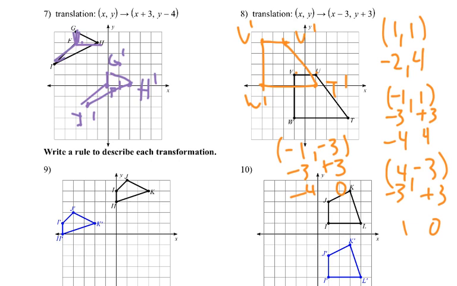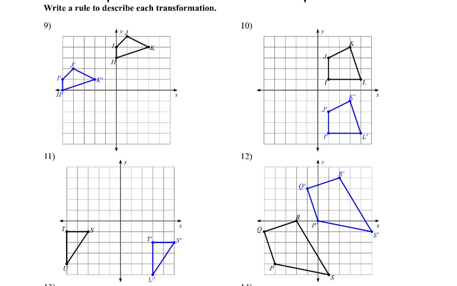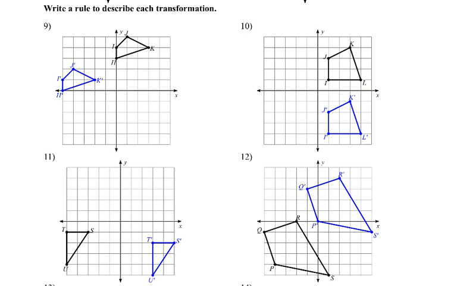Alright, now for the next few, we're actually going to write down what the rule is, how it moved. So you pick one point, because all you have to check is 1. So I go 1, 2, 3, 4. Oh, got to remember, I start with that one, and we're going to that one. So you can get it completely wrong if you don't do it right. So we go down 3, to the left 5.